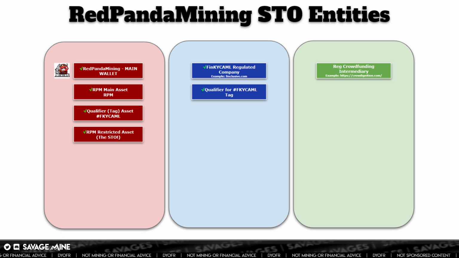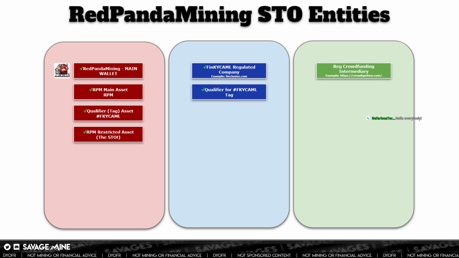We were going to use a company called Finky Camel, or Financial KYC AML. It's a regulated company. An example would be Finclusive, an actual company, finclusive.com, that does these types of things. Finclusive actually has a way of tagging addresses on the Ravencoin network that meet the KYC requirement.